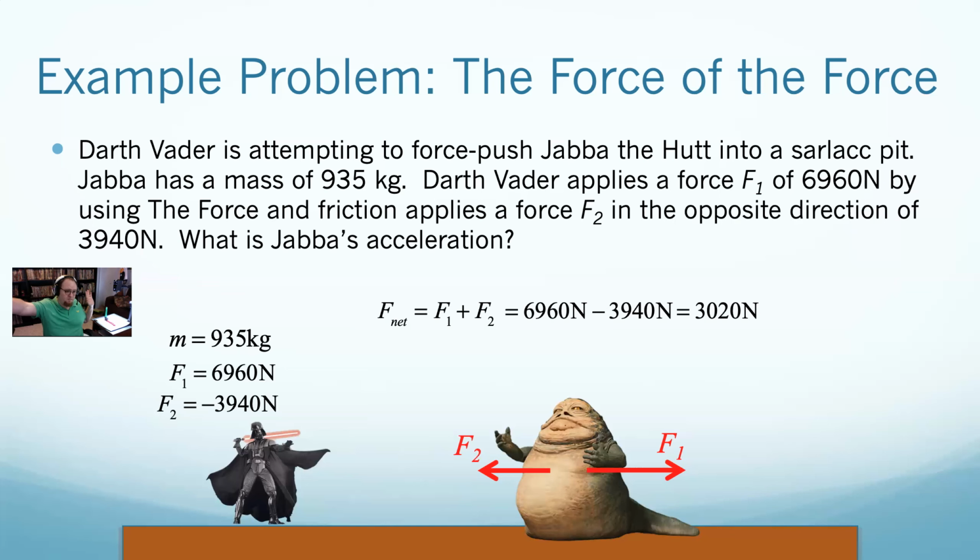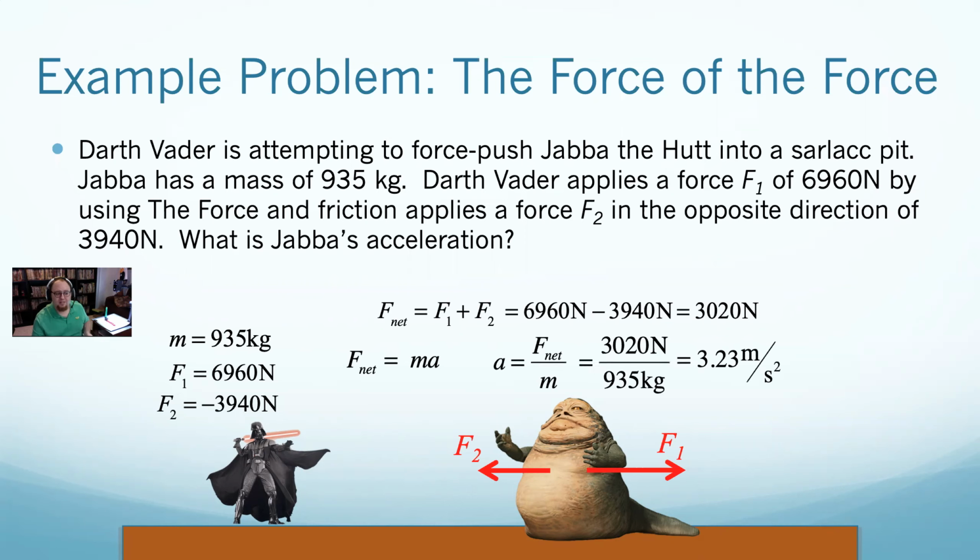Still good? So I want the acceleration. F net equals ma. I can divide both sides by m, and my acceleration is then F net over m, to which I can just plug in some numbers and solve.